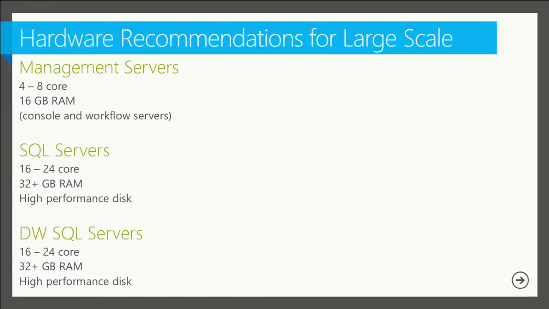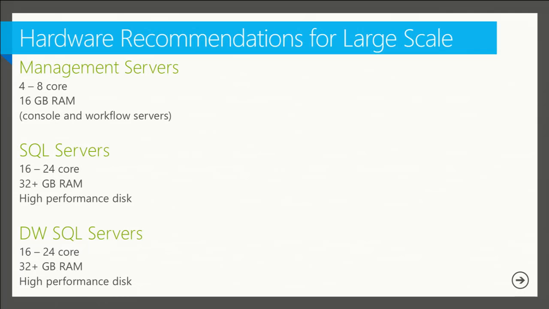All right. Now, I'm not going to walk through each individual number here, but I want to give you a little idea of what are the units of scale in each of these, and what do we need to be worried about? What are they bound to? What I've found in scale is that our management servers tend to be CPU driven. Okay?